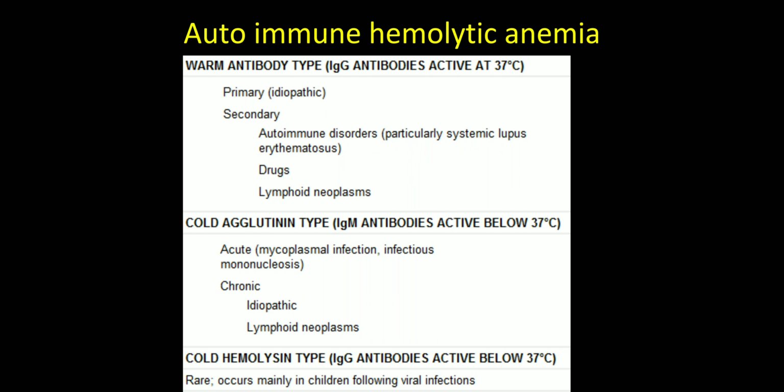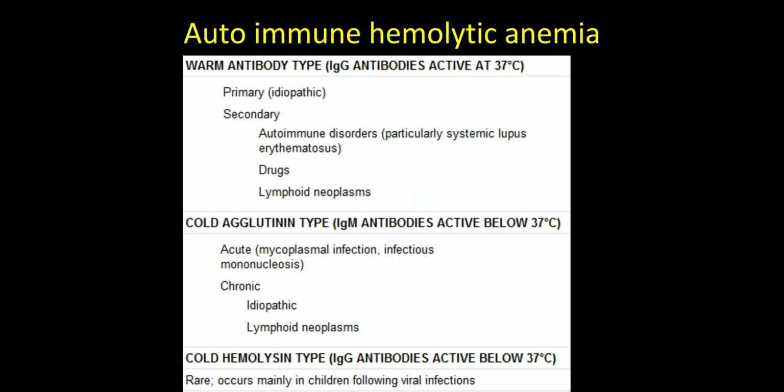Okay, now the cold antibody type, I told you it can be IgM antibody type which reacts below 37 degrees Celsius. That can be acute and chronic. Usually this cold agglutinin type, the common cause is infections. Any infections like mycoplasma, that is one of the most common causes, mycoplasma infection, and infectious mononucleosis, and you will learn in another class.